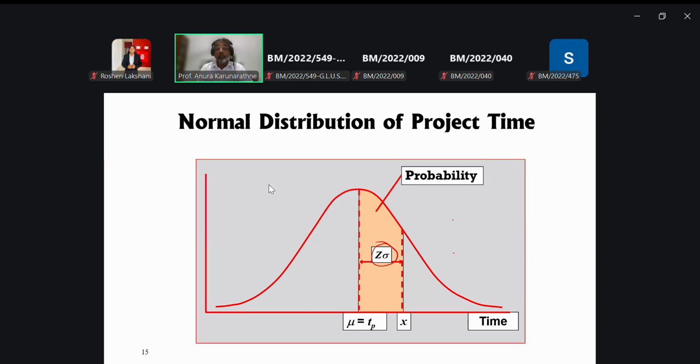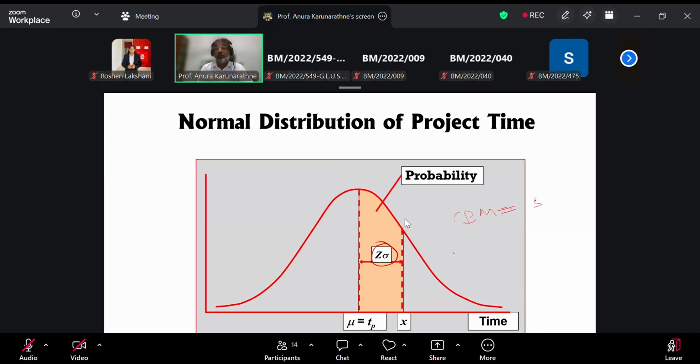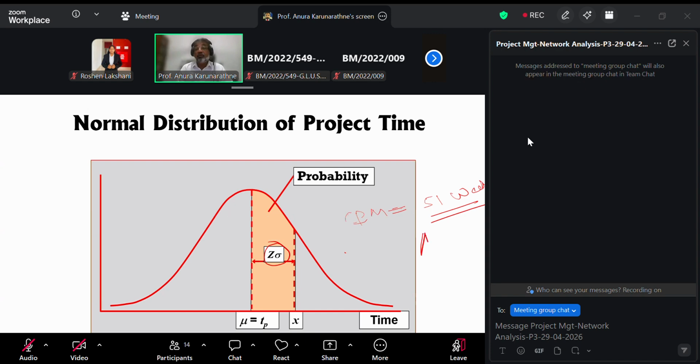Now, if you take the project completion period in weeks, months or days, that is the expected time overall, which under the critical path method you can obtain. Say mu is 51 weeks.